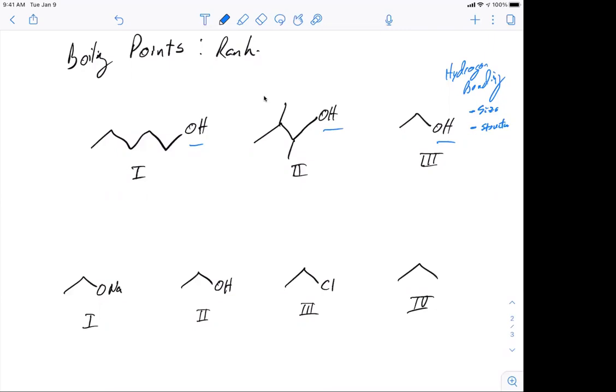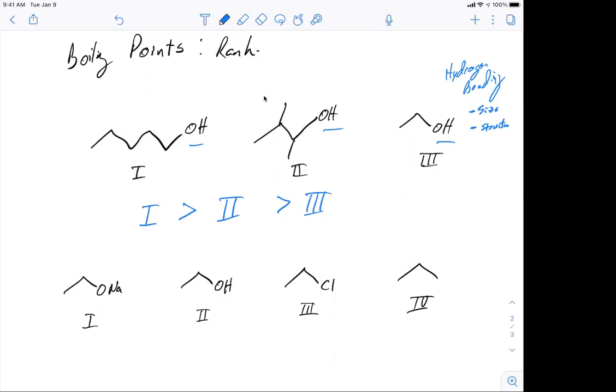So if we take size and structure together, that means that this one is going to be the highest boiling point. And then if we look at 2 and 3, well, 3 is really pretty small. That's ethanol, so that's probably going to be the lowest. And then 2 will be in the middle. 2 is less than 1 because it's got this irregular structure that's going to keep it from packing as closely together.